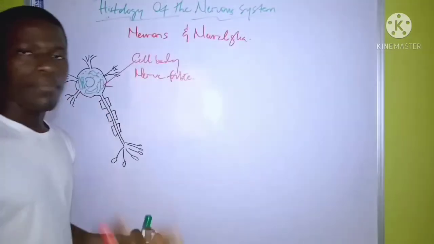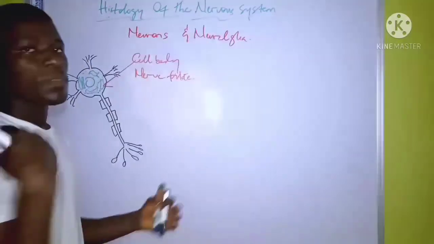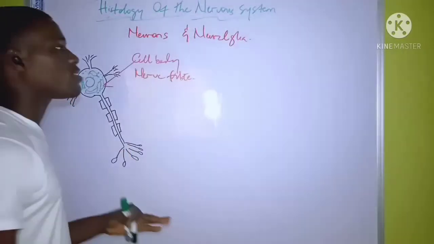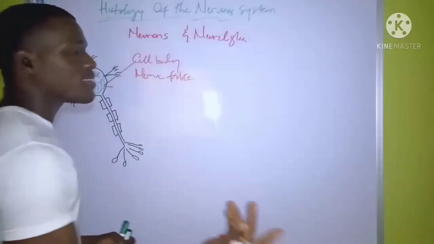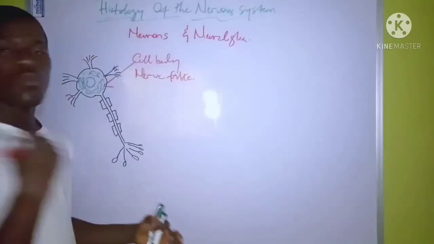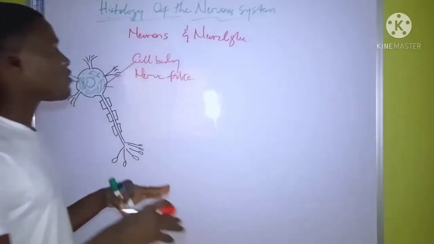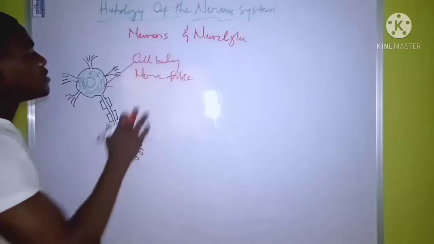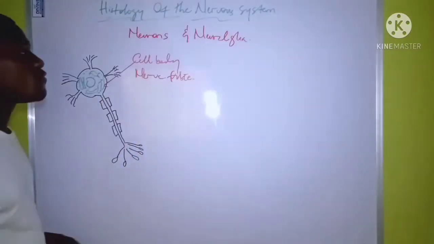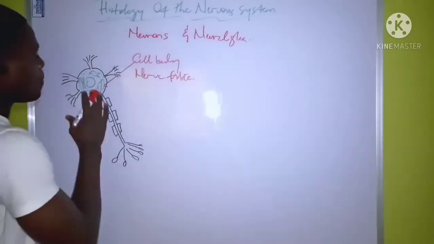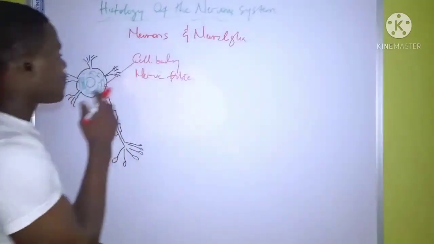The function of the ribosome still remains the same, in that it synthesizes protein, while the mitochondria produces energy. The lysosome helps in phagocytosis, that is destruction of debris and unwanted materials, while the Golgi apparatus functions in translocation of materials around the cell. So that's the function of the cell body and the organelles found within it.